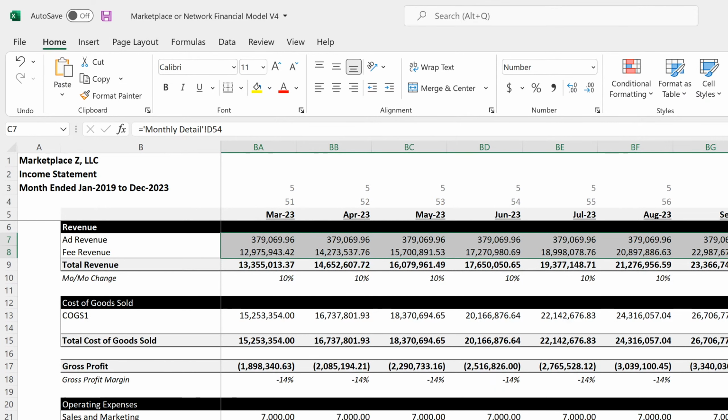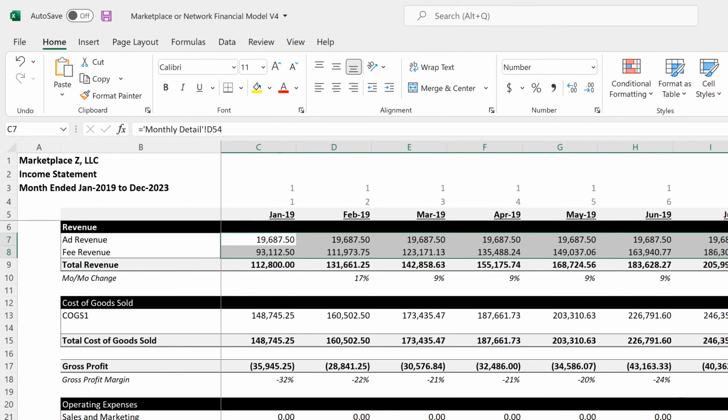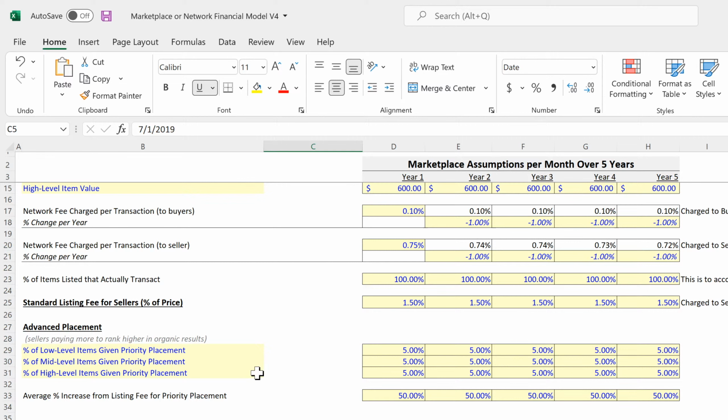Ad revenue, in here we've defined it as, let's go to our assumptions. Non-advanced placements. So here's ad revenue. You could define the expected monthly visitors, growth in that each year, and then the average page views per user per month, the growth of that, and then the average revenue per 1,000 views.